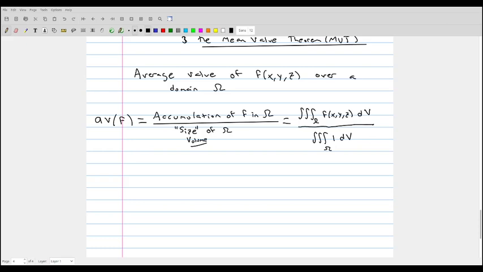So this is how you calculate the average value of a function. If you need to figure out the average value of any function, you take its triple integral over that three-dimensional region, and you divide by its volume, the volume of the region omega. So both of these things you can calculate if you know how to calculate a triple integral.